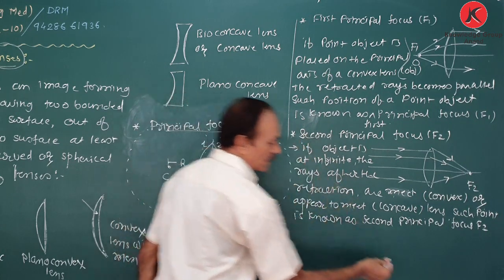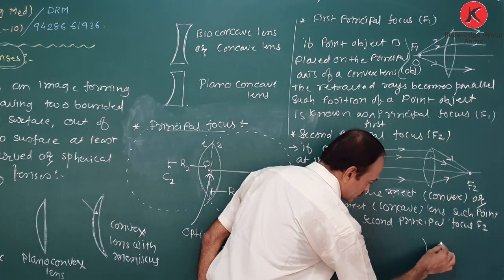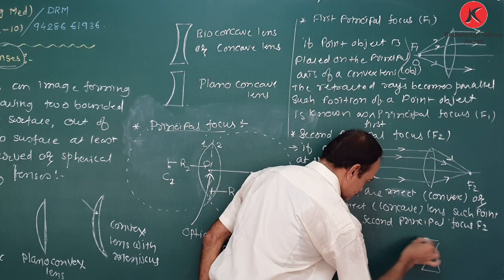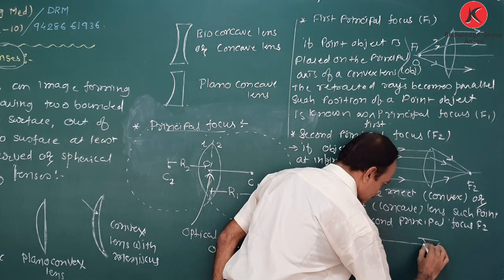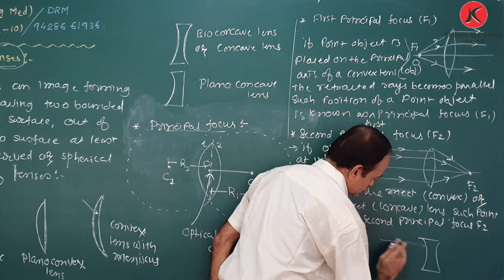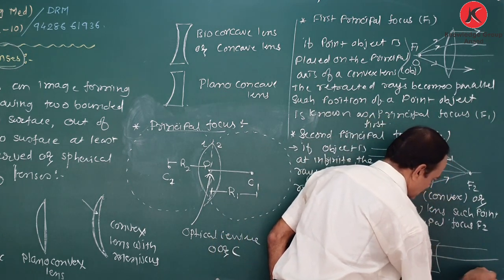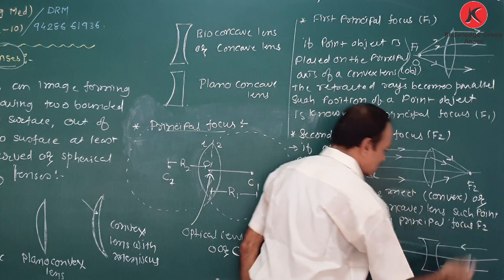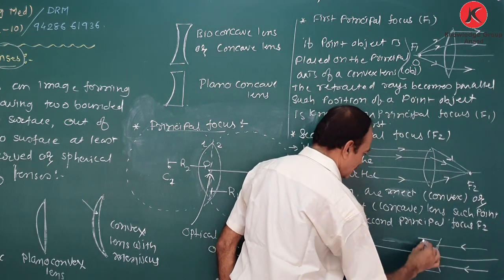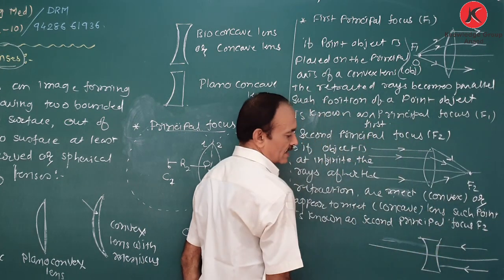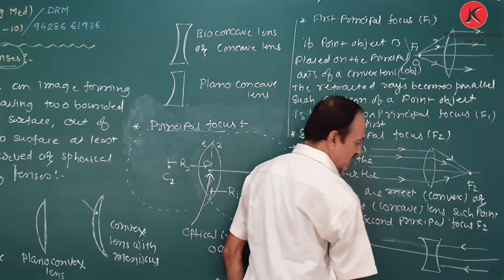Now, in the case of the concave lens, there is the principal axis. The rays incident on a concave lens are parallel because the object is at infinite distance.